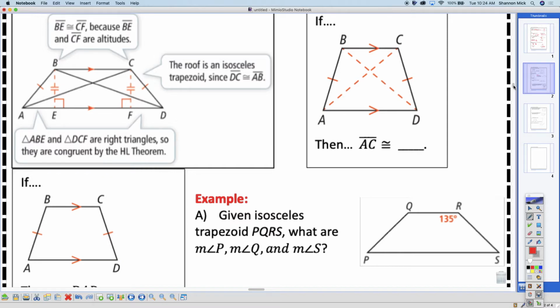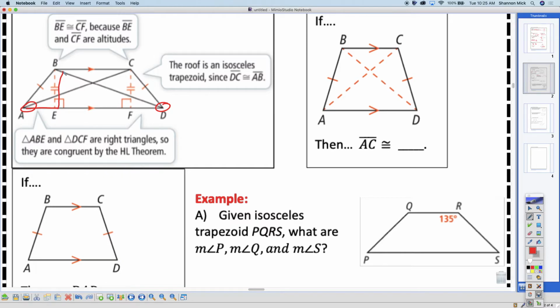We know that DC is congruent to AB, because it's called an isosceles trapezoid because it has a set of congruent sides. So it also has two sets of congruent angles, correct? So that means that this angle has to equal what? That angle. And I know that this triangle here is congruent to this triangle here. So that's a bunch of stuff we know about it.